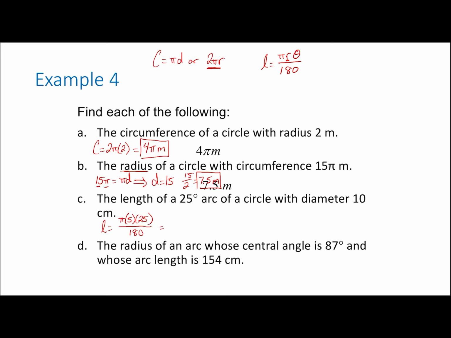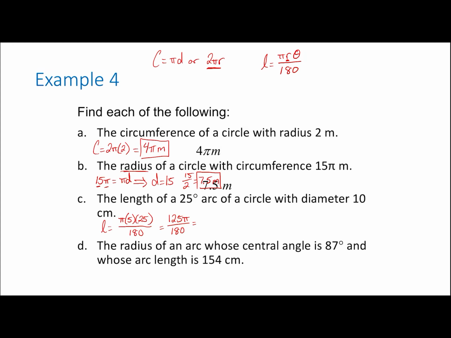And so we can simplify that a little bit. So we'll have 125 pi divided by 180. And that does simplify. The 125 and 180 will simplify.